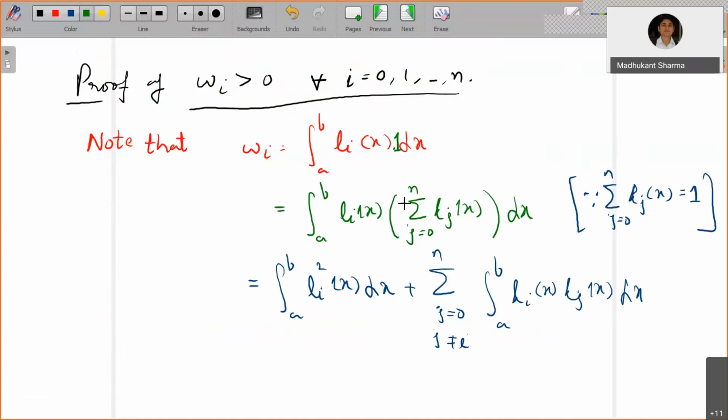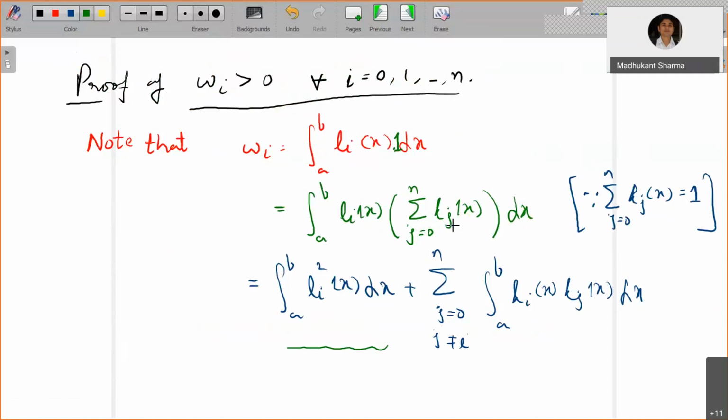Now you see this is a finite sum, so you can take it outside of this integral. I keep the ith term here, and we get summation j equals 0 to n integration li of x times lj of x dx.